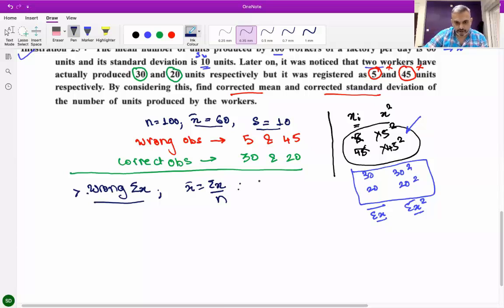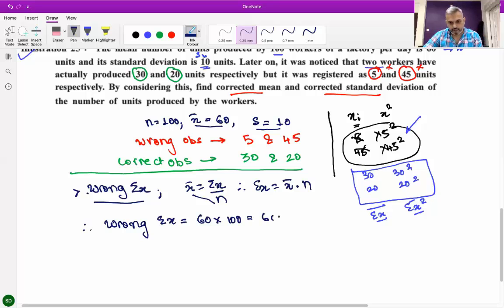So therefore, sigma x is equal to x bar multiplied with n. So x bar into n. Therefore, wrong sigma x is equal to x bar is 60 into n is 100, which is equal to 6000. So wrong sigma x is equal to 6000.